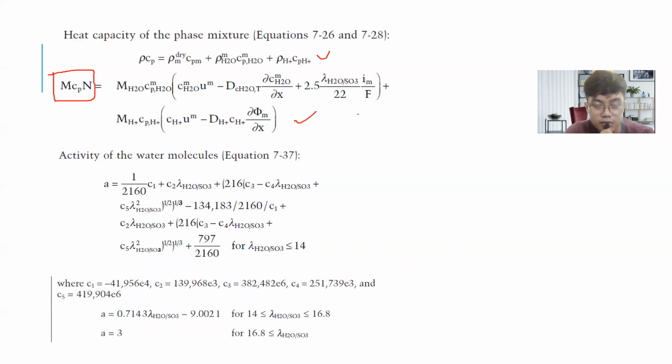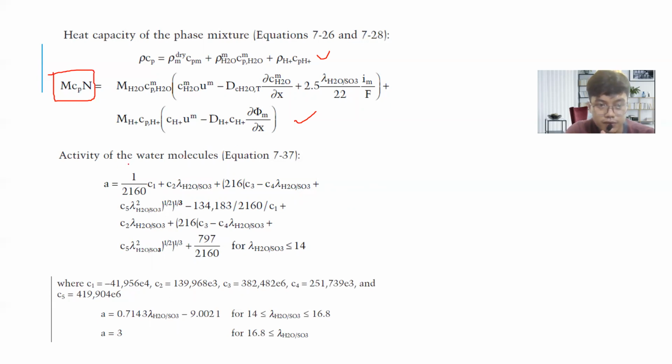We know there are many variables and many formulas in this case. Between one equation and the other equation, we need the same variables. So we can calculate this as simultaneous equations, and we have to solve them simultaneously with the MATLAB program.